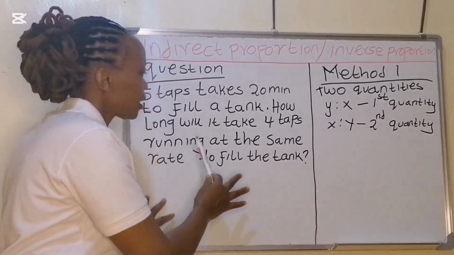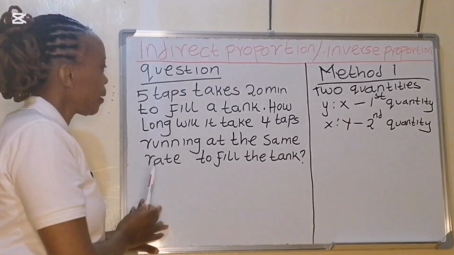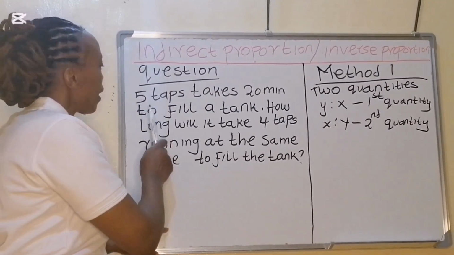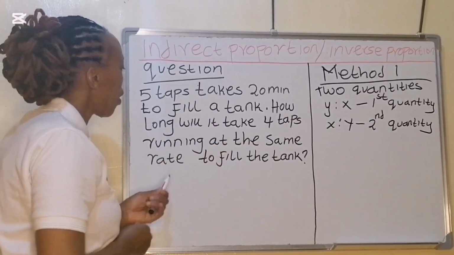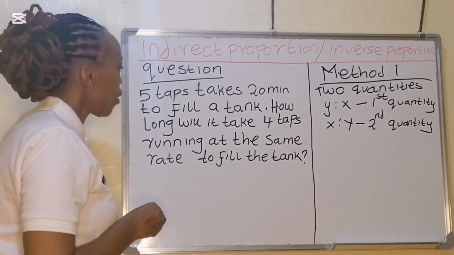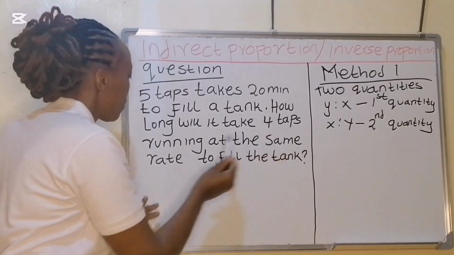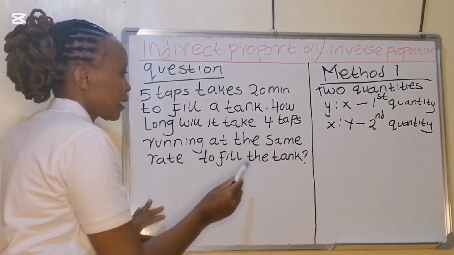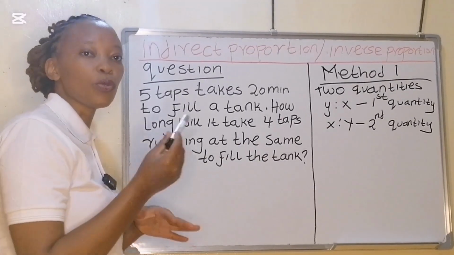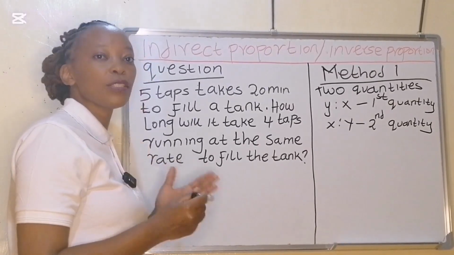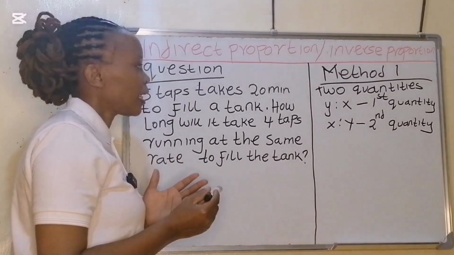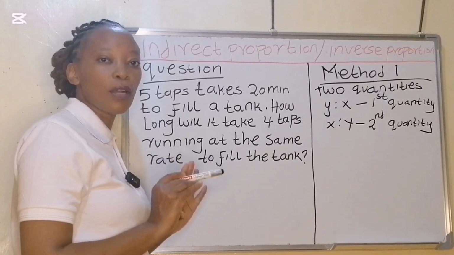Let me demonstrate using this question. 5 taps takes 20 minutes to fill a tank. How long will it take 4 taps running at the same rate to fill the tank? Now I want to help you understand. You are comparing 2 quantities, so that you can answer this question in a good way.